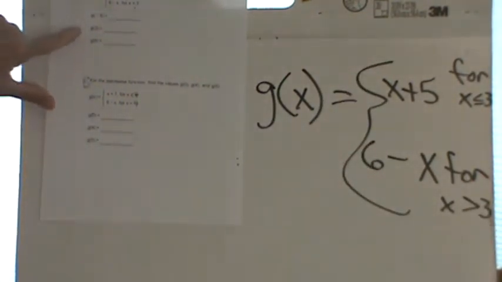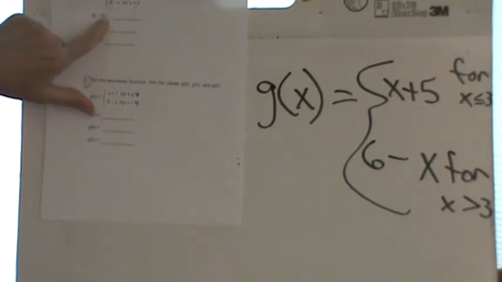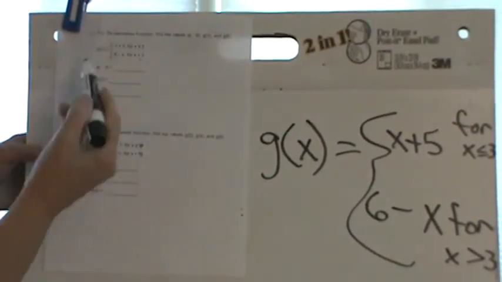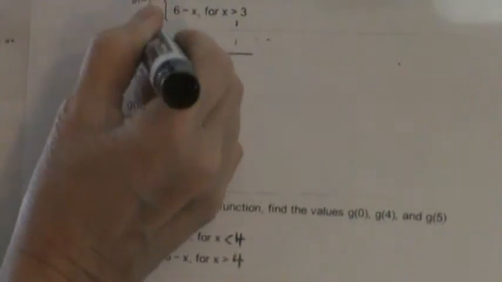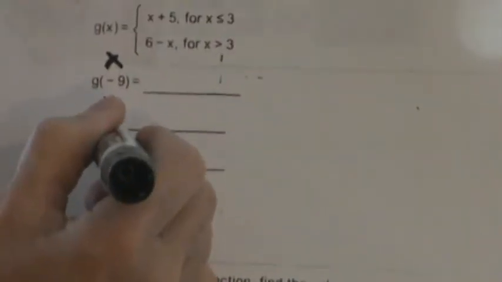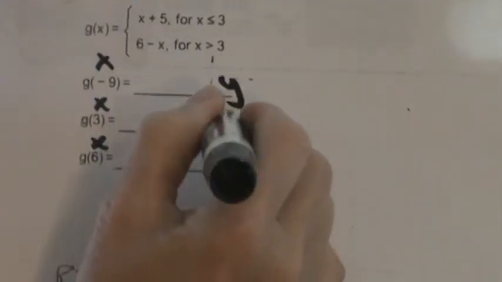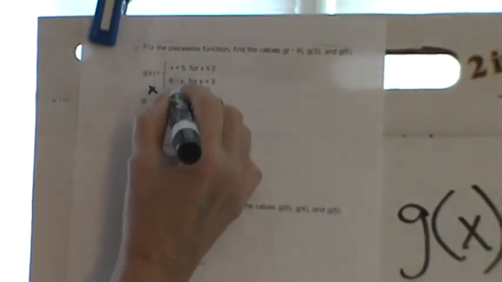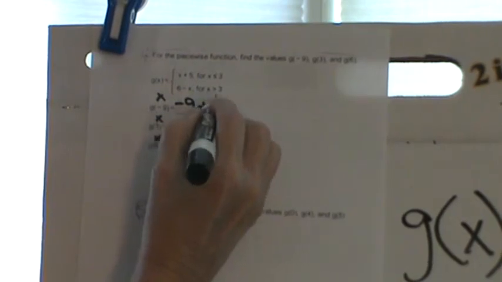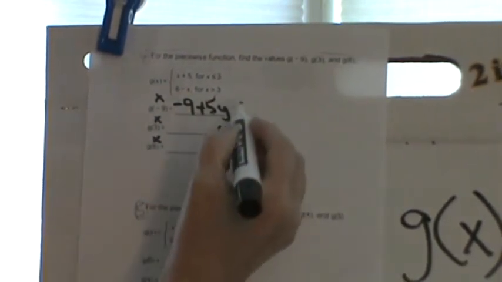So they're asking you, what's g of negative 9? Well, negative 9, remember, these are the x's that are always found in these parentheses, and they're asking you to find the y's. So negative 9 is definitely less than 3, so use that piece. Negative 9 plus 5.